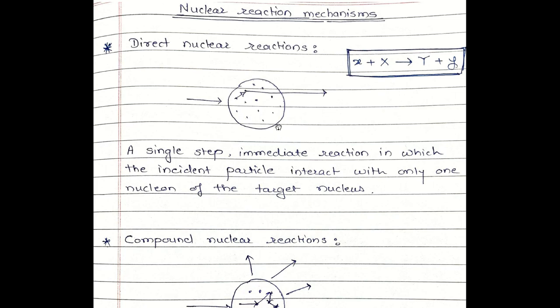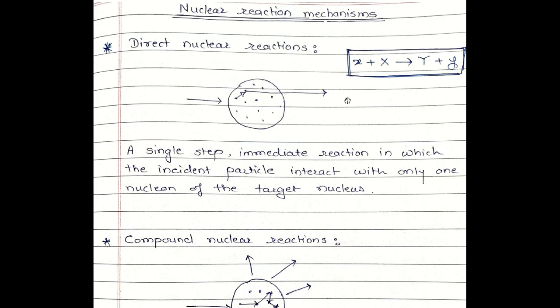So this direct nuclear reaction, we can say, is a single step immediate reaction. Why immediate? Because this incoming nucleon is not at all residing here. It takes only that much time that is required to cross this nucleus.